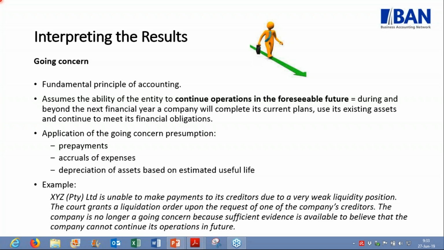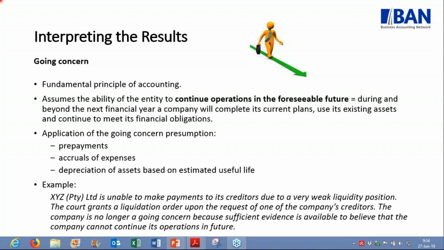That assumes that you're going to be in business next year where the payment becomes due or the expense accrues. The same with accrual of expenses. If you accrue expenses this year that you know you're going to pay next year, you are assuming that you're going to be in business next year.